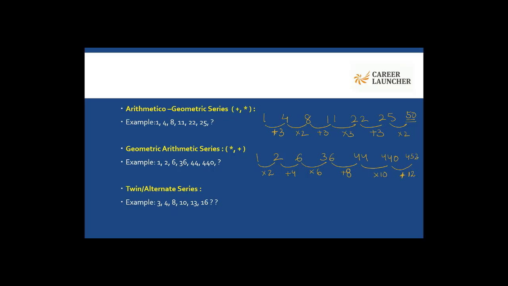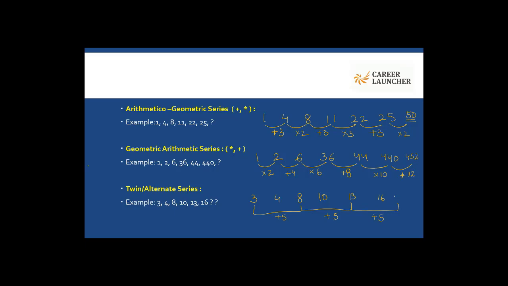Then twin and alternate series. Here we can see more than one series in a single question. If we consider this as one series, we would not find any meaningful pattern. But if we check closely, 3, if I add 5, I reach 8. 8 plus 5 is 13. So the next number in this series would be 18.